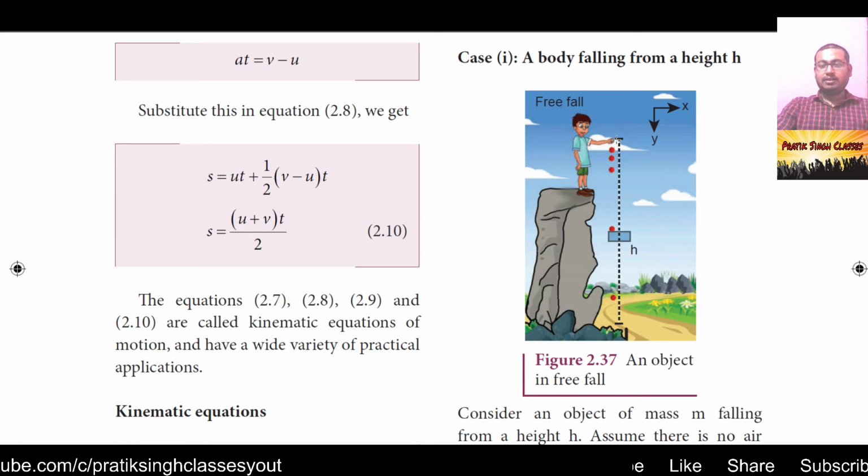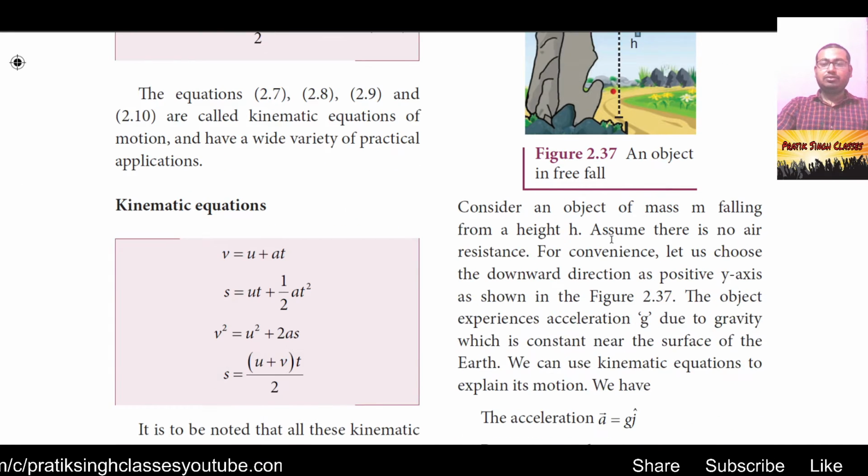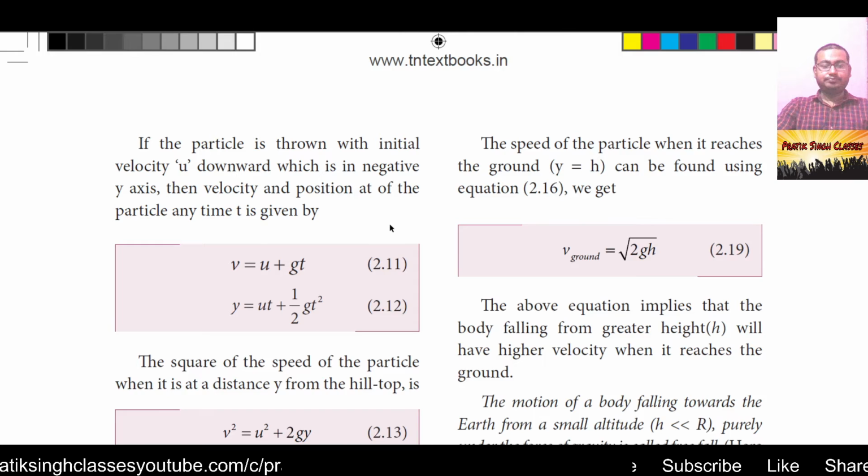Suppose the boy has dropped the ball with initial velocity u. When the ball reaches this position, the velocity becomes v, and then v is equal to u plus gt.